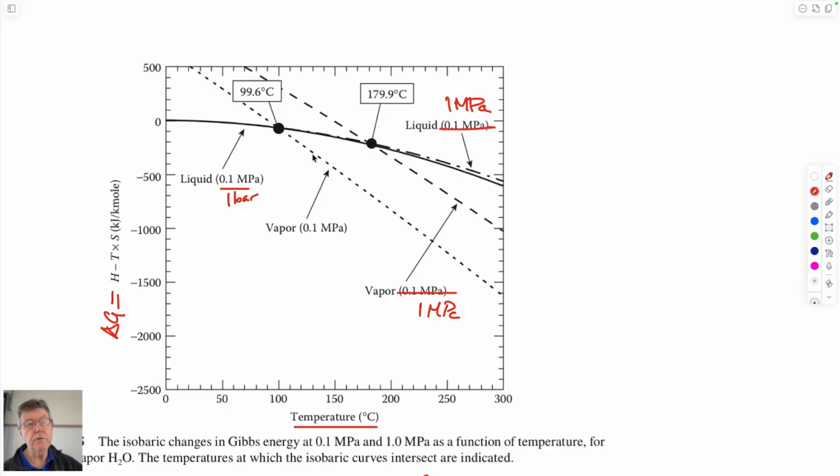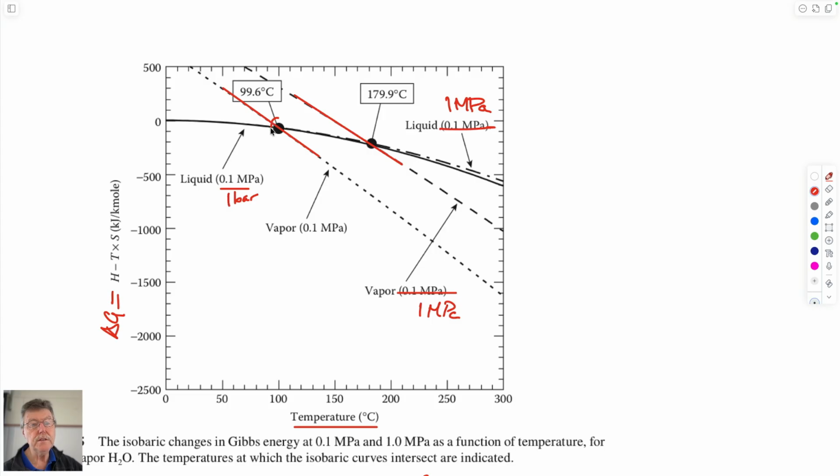If you look at, for a vapor, how that Gibbs free energy changes as you go along the same temperature, the change in state, Gibbs free energy of that state, is much steeper. It's much more sensitive than liquid to that.